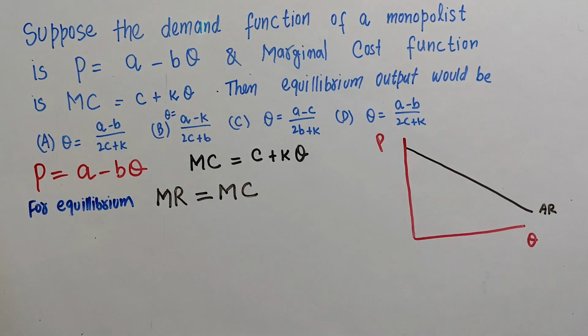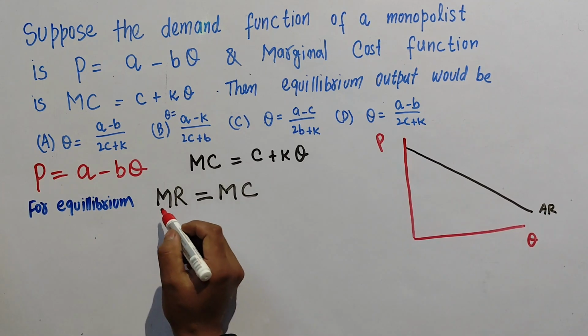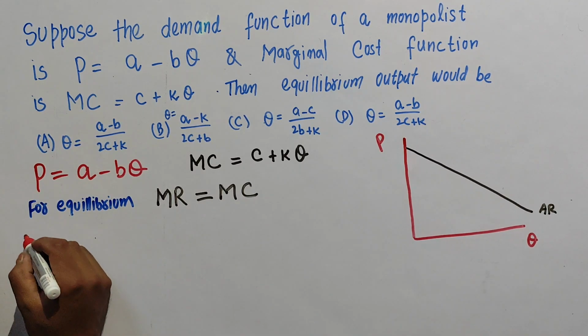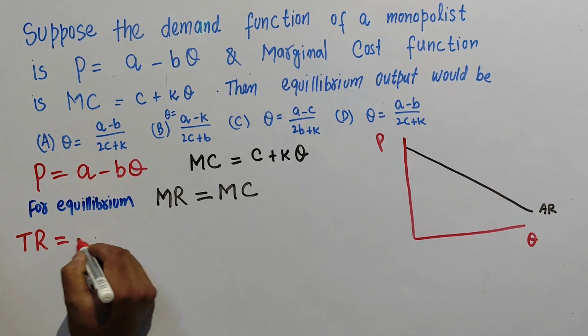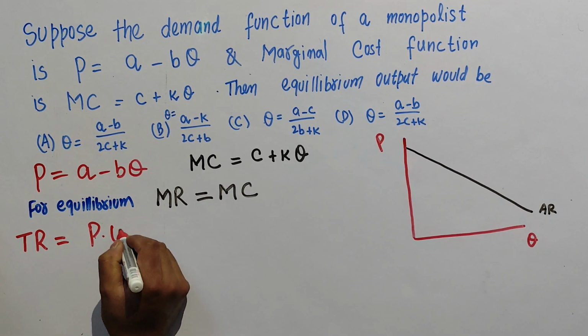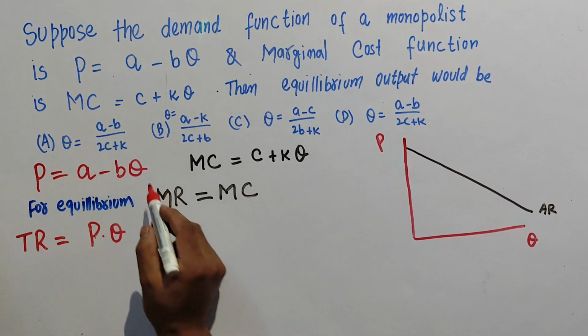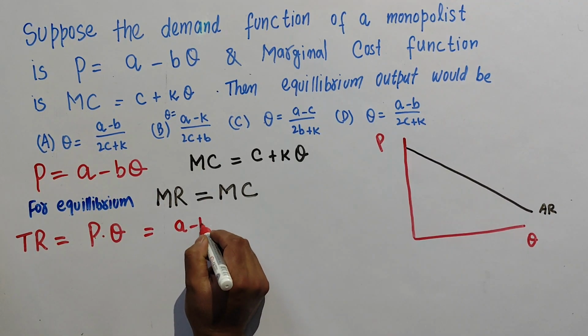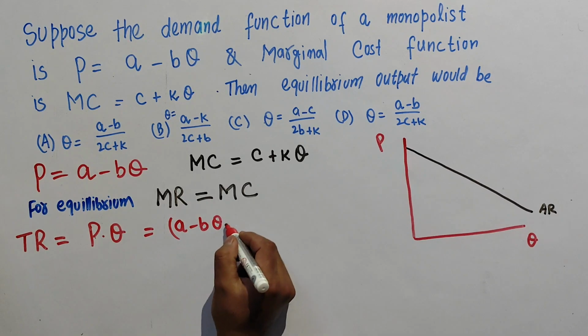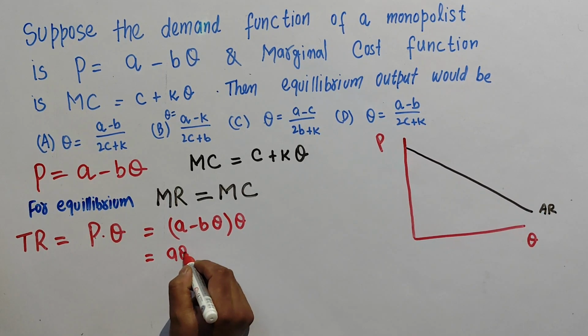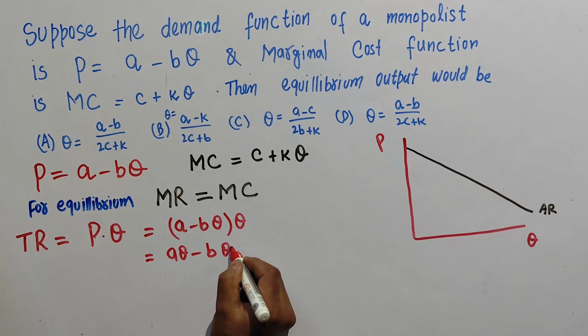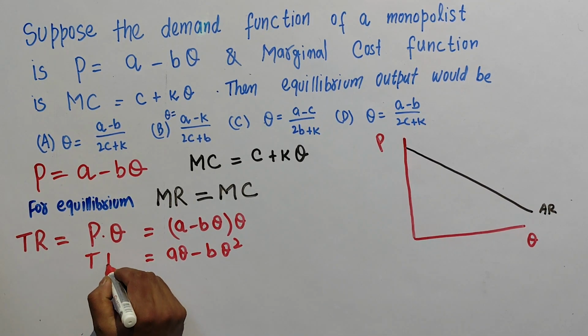So first we need to find the marginal revenue. For that, first we calculate the total revenue. Total revenue is simply price times output. So P is this very function, A - BQ. To this we multiply Q, so it becomes AQ - BQ². This is our total revenue function.